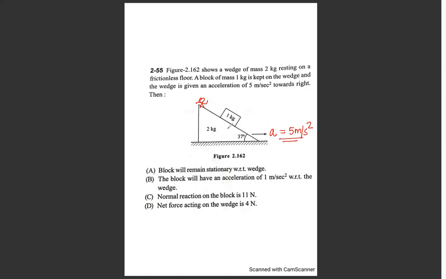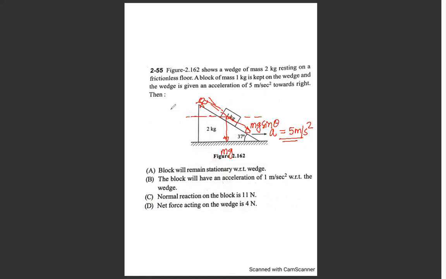Let's draw the free body diagram of it. These are the two directions along which we are going to observe the block. If you draw the free body diagram, this one is mg, and by default mg sine theta will come down here.